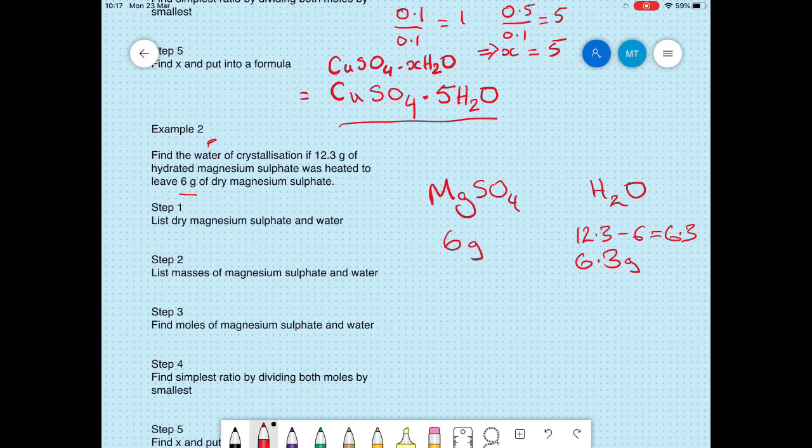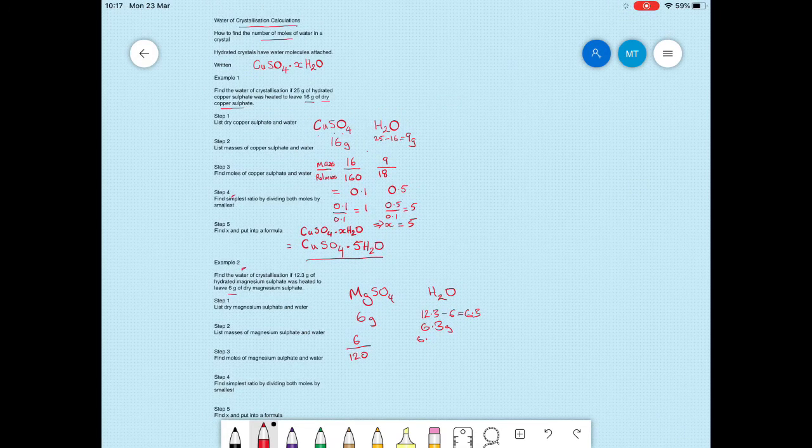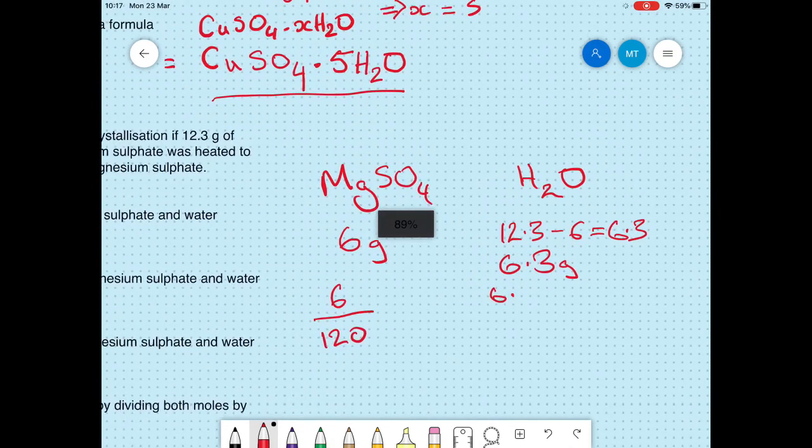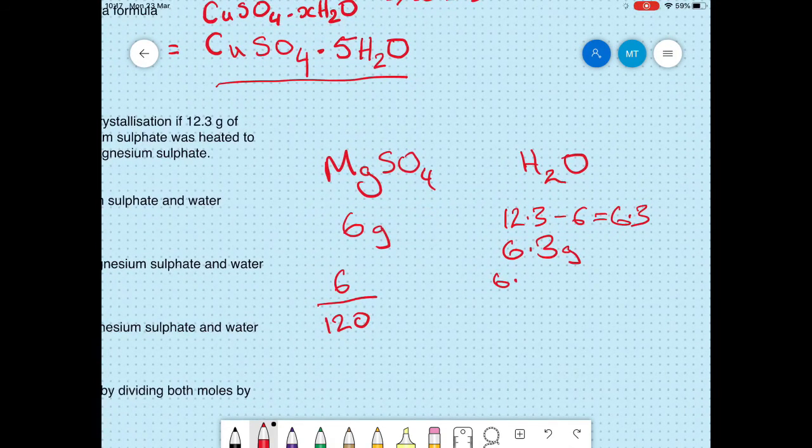Obviously, we now need to convert that into moles by dividing by the relative mass. Relative mass of magnesium sulfate using the periodic table would give you 120. Okay, the relative mass of water is 18, so it's 6.3 divided by 18.